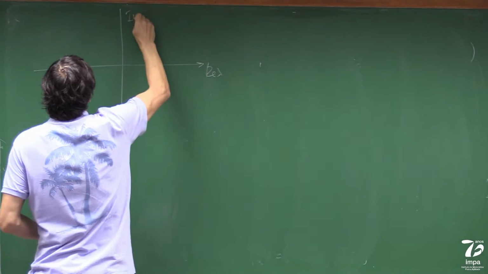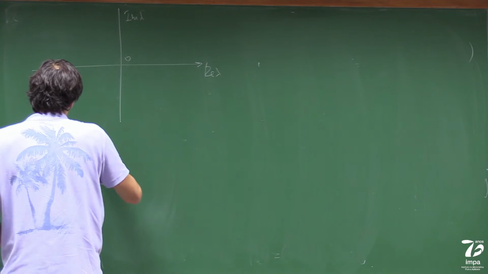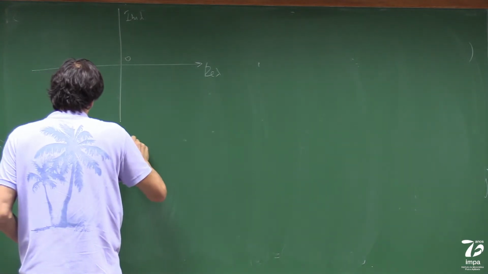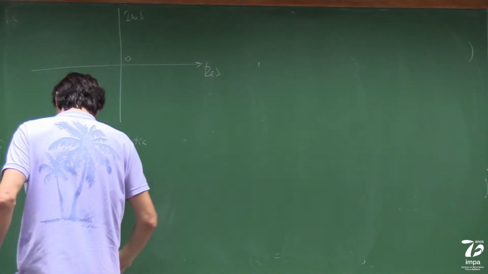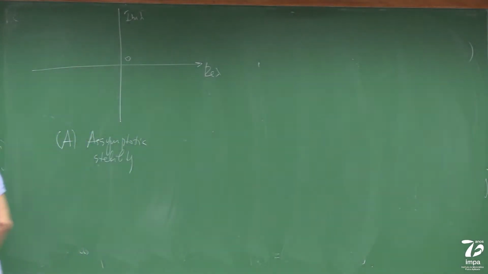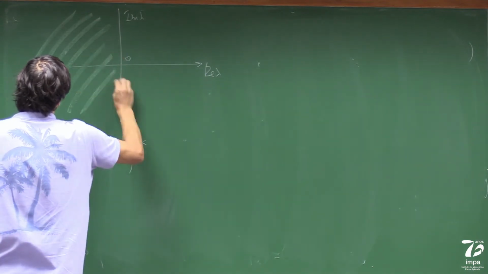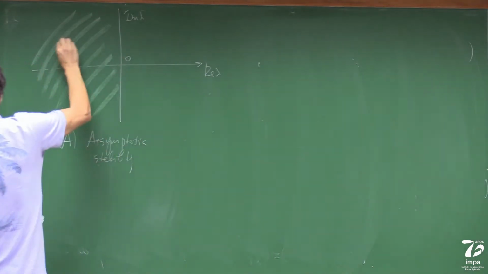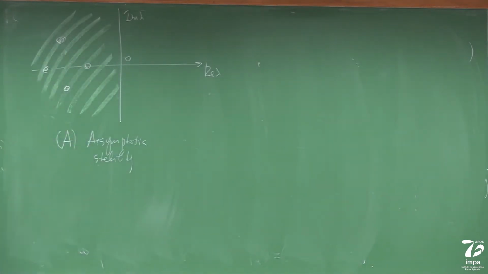So on a complex plane, case A, which corresponds to asymptotic stability, requires that all eigenvalues have negative real parts. All of them must be here, strictly on the left-hand side of the complex plane.